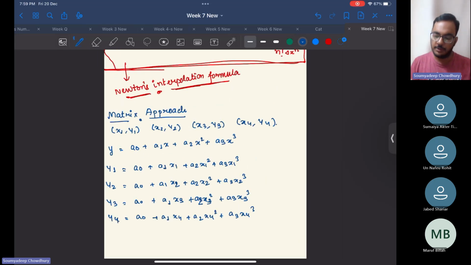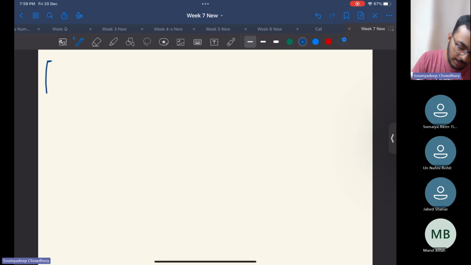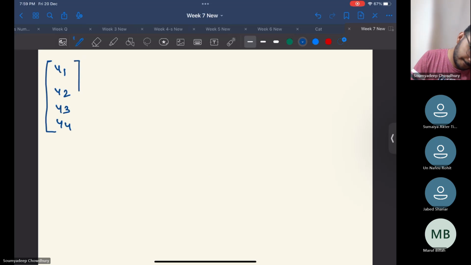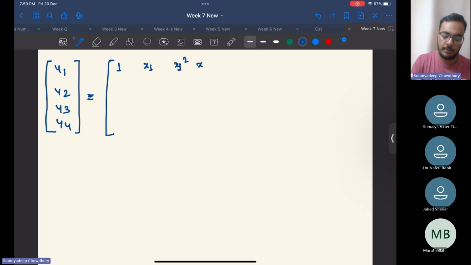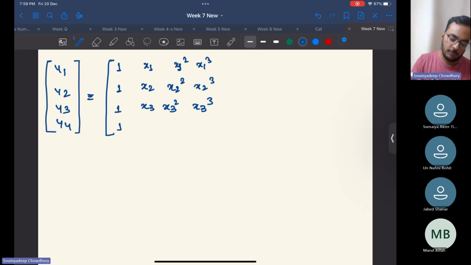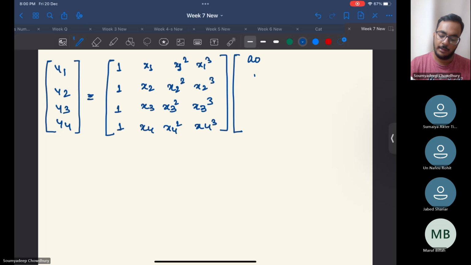If we write this in matrix form, the right hand side is y1, y2, y3, y4. The matrix is 1, x1, x1 square, x1 cube; 1, x2, x2 square, x2 cube; 1, x3, x3 square, x3 cube; 1, x4, x4 square, x4 cube. Then we have a0, a1, a2, and a3.